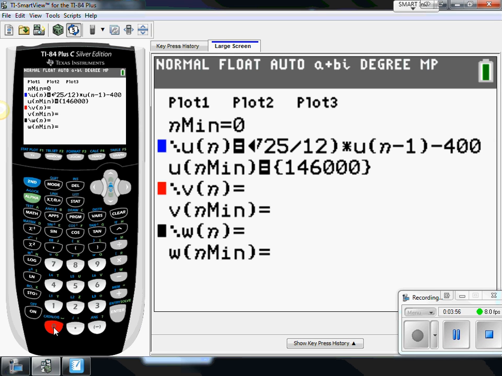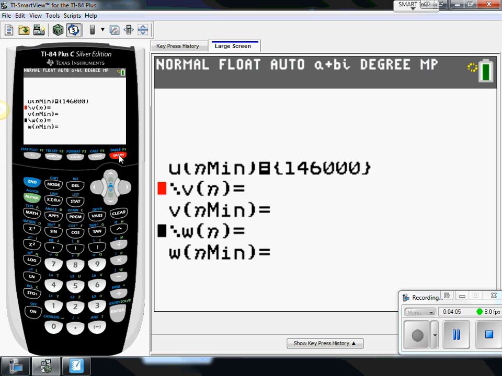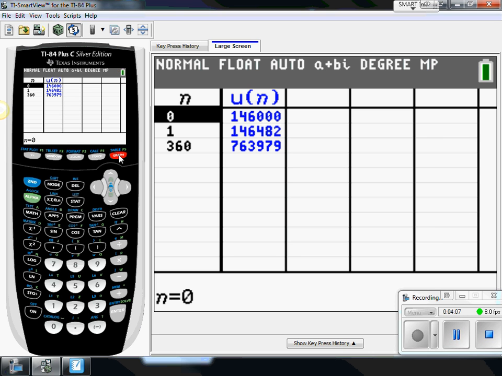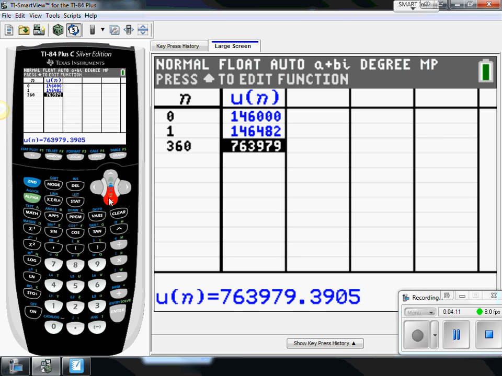Now when we go to table, which is second graph, let's see what the balance is now after 30 years. You can see here, if you go over top of that number, the balance is at $763,000. So still, the amount that we borrowed went up instead of down.